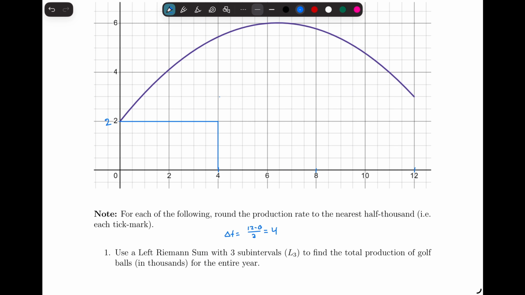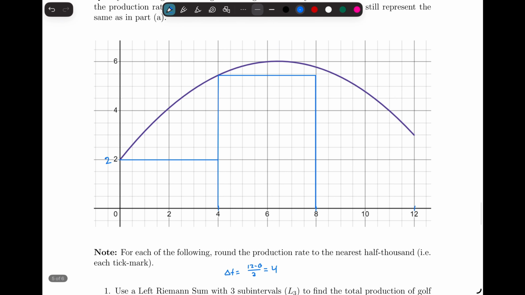Now, at t equals 4, still on the left side, we'll go to 8. And to show you what I mean, this is pretty close to this tick mark right here, which corresponds to 5.5. And then at 8, that's where we're at right there, which is 6.